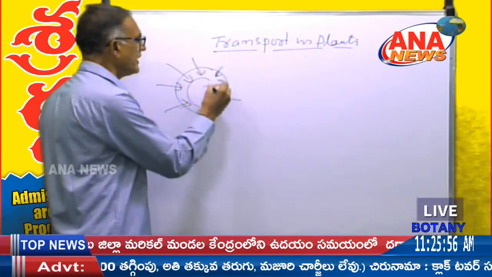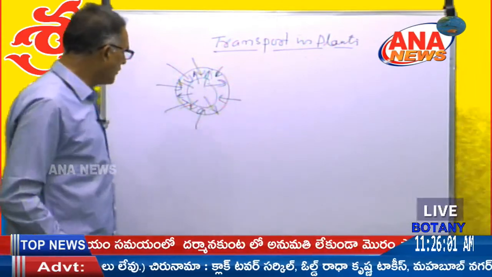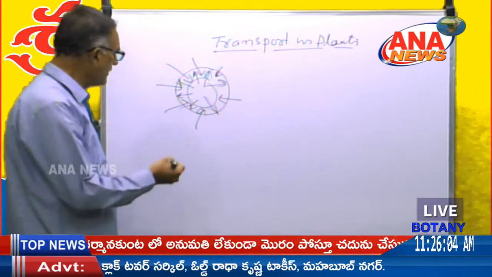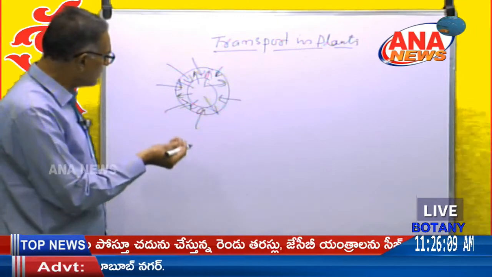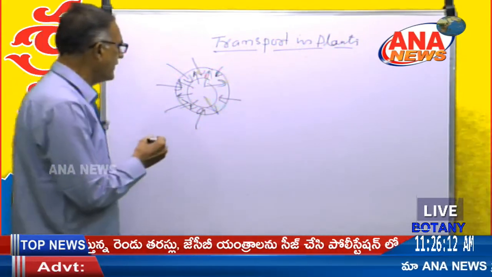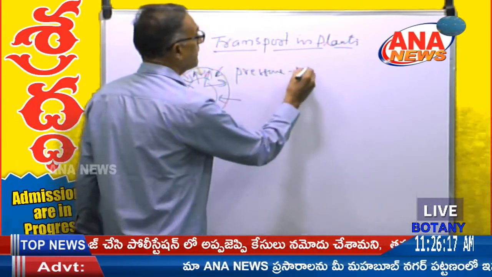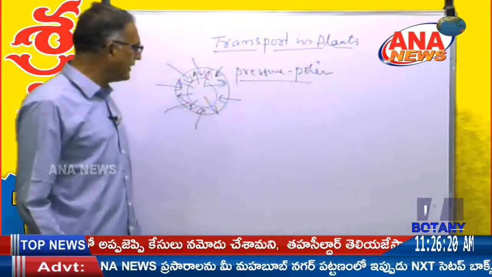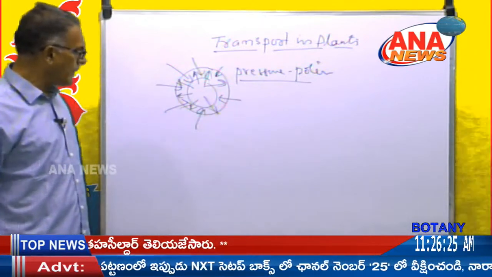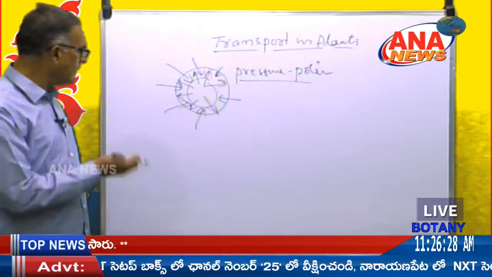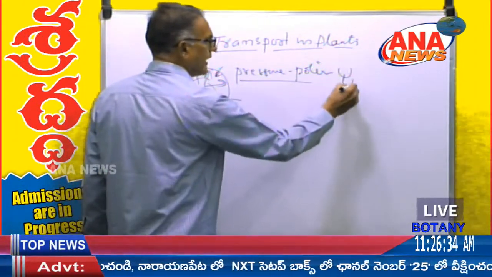The protoplasm exerts pressure on the cell wall, and because of this outward pressure, the cells are turgid. The pressure increased in the cell by the movement of water is called pressure potential, denoted psi P.